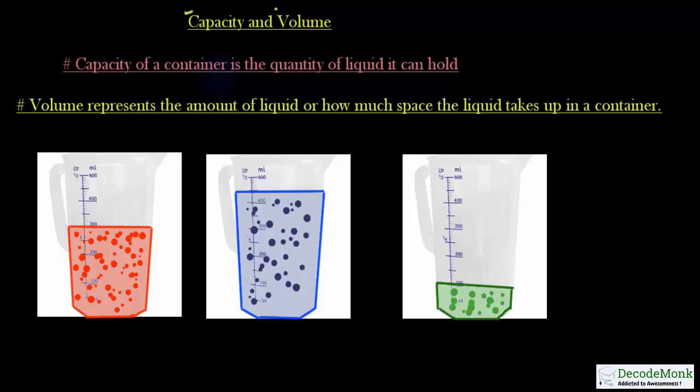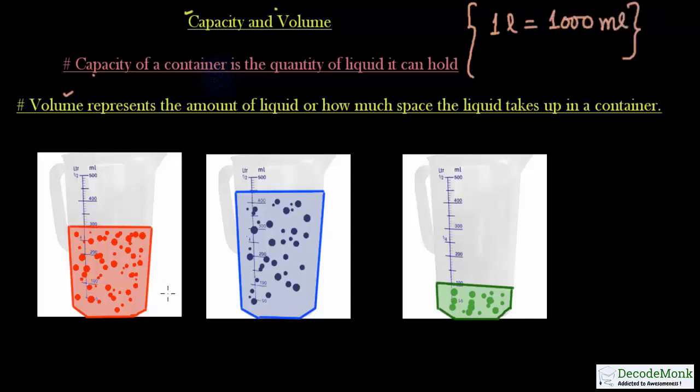So these are the definitions of capacity and volume. You should understand and you should know the difference of these two terms. Next, we have also learned that we measure quantities of a liquid in liters and milliliters, and 1 liter is equal to 1000 milliliters.